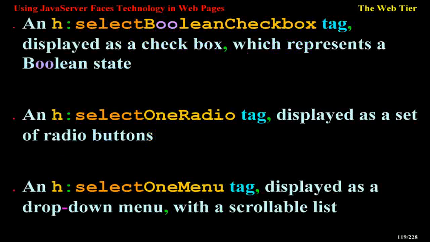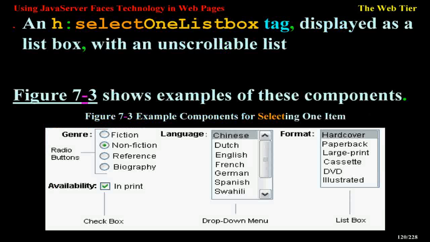An h:selectOneMenu tag, displayed as a drop-down menu, with a scrollable list. And h:selectOneListbox tag, displayed as a list box, with an unscrollable list. Figure 7-3 shows examples of these components. Figure 7-3: example components for selecting one item.